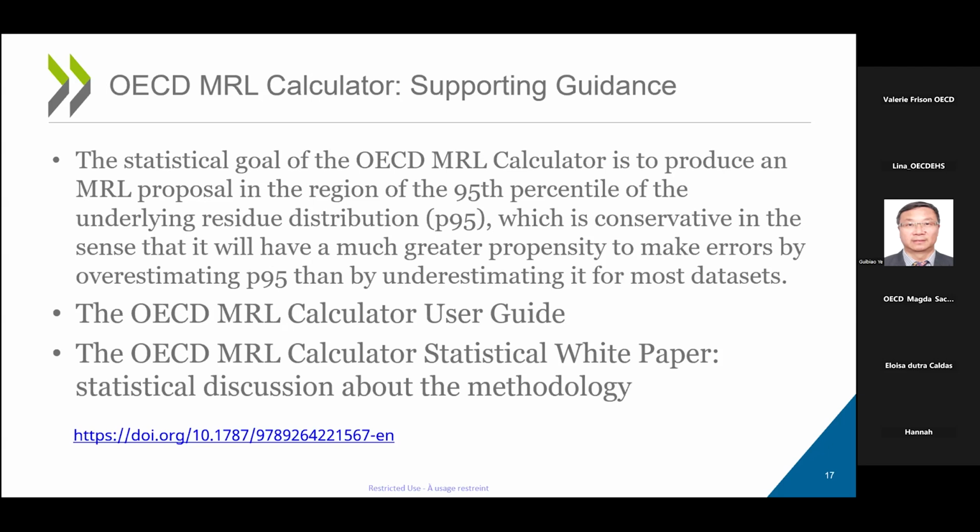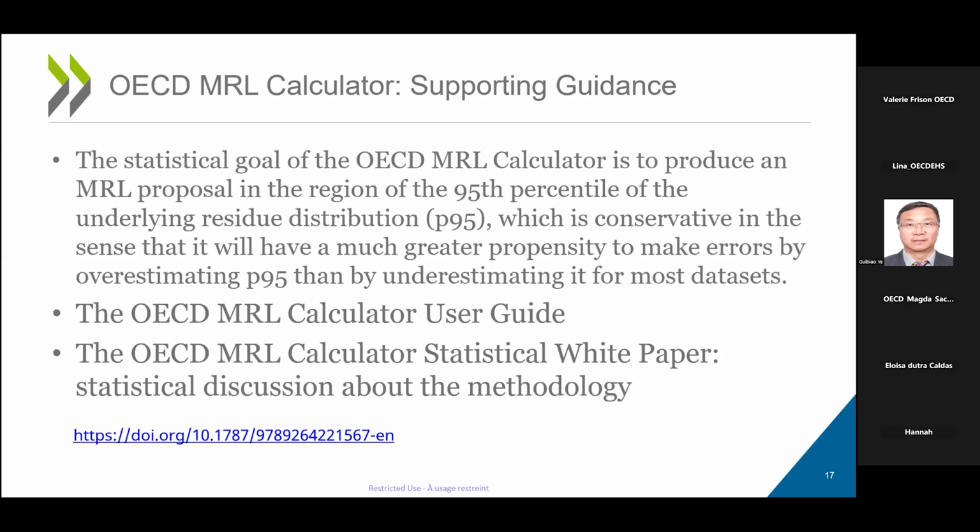So as I've said, we have very good guidance that you can go through. This is a combination of two documents. If you want to see how to use the calculator, you have the user guide. But if you want to learn more about the methodology, the statistical discussion behind how they decide to go to this approach, you can go to the white paper.